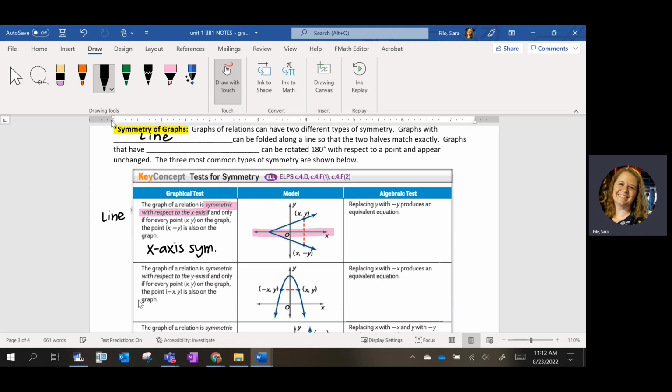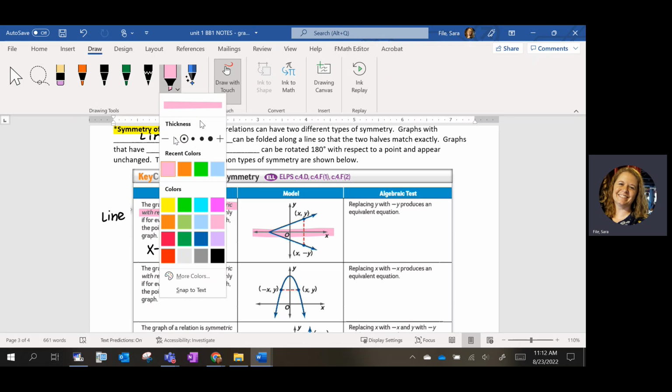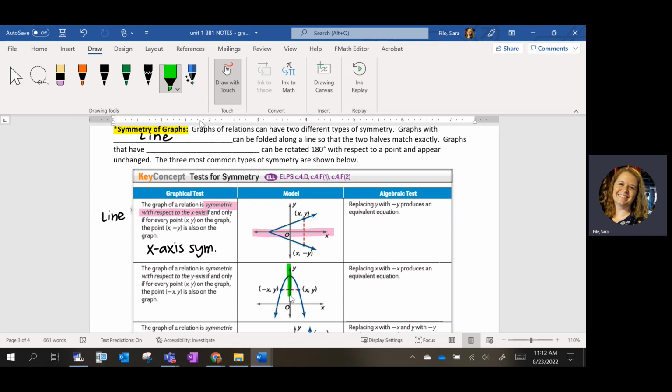Does that make sense? There are algebraic tests, like if you had the equation instead of the graph, but we don't need to worry about that right now. We're going to have graphs. We just need to visually be able to tell if it has x-axis symmetry. Or this one, what is the line for this second model that you could fold this along and everything would match up? The y-axis.